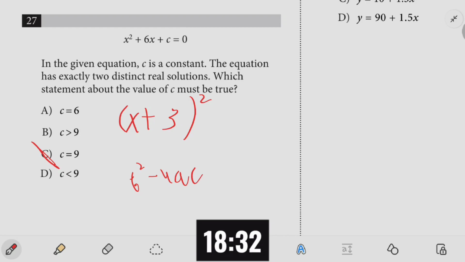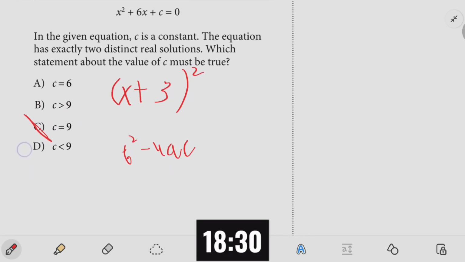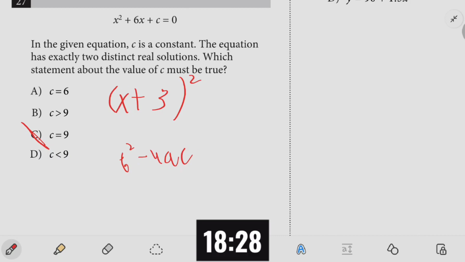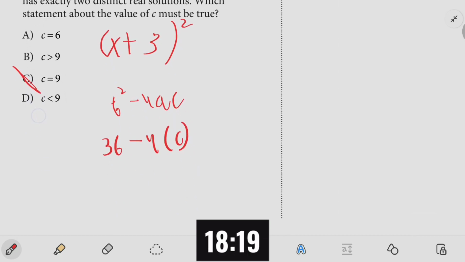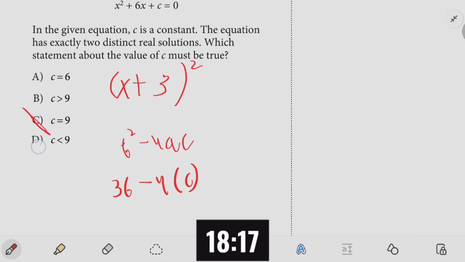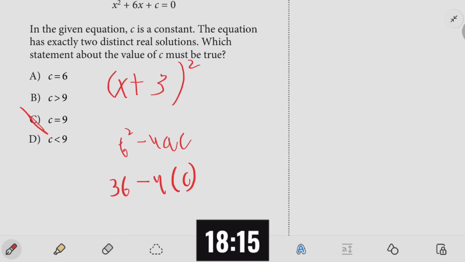I believe this sometimes tells you how many solutions there are. b squared, 36, minus 4c. If c is 9, there's only one solution. If c is 6, there's two solutions.